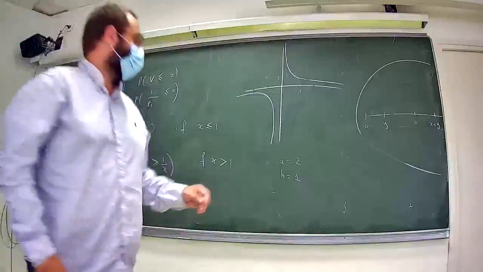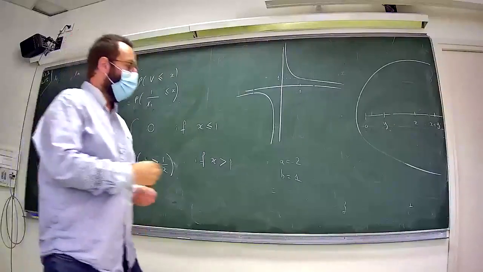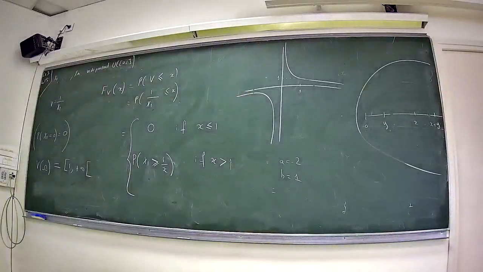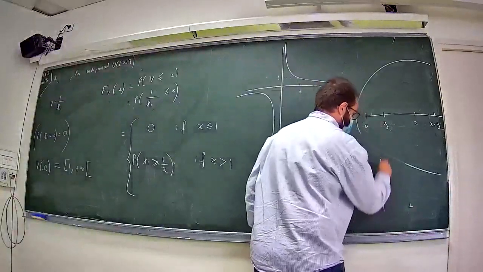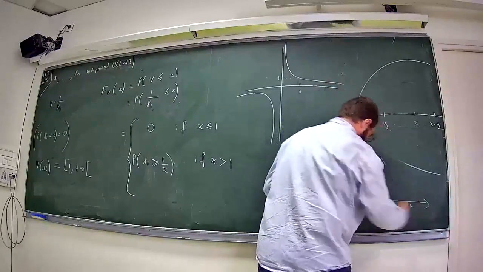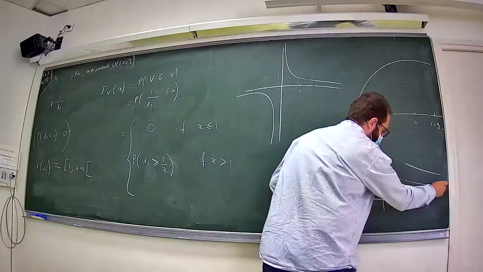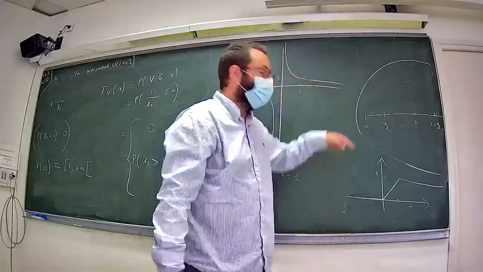Because I know the distribution function of a uniform on the interval 0, 1. I know that my uniform on the interval 0, 1 has a distribution function that is a picture that I have already done. It's this picture here, the identity on 0, 1. So that's why I will make this one appear.